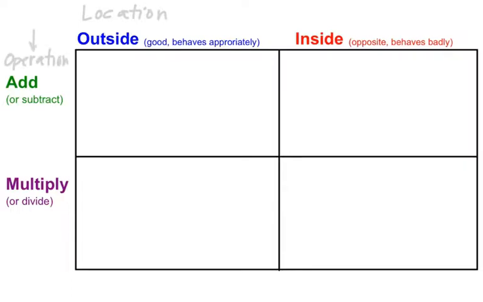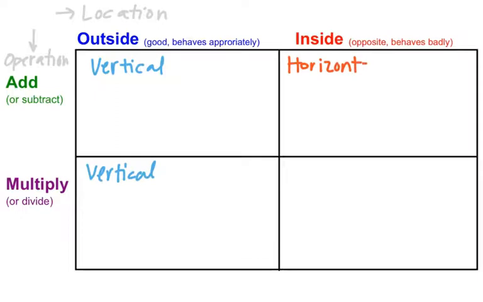We're looking at inside versus outside, adding versus multiplying. So thinking back, what does outside mean? Outside lets us know it is going to be a vertical change. Versus inside lets us know we will be having a horizontal change.